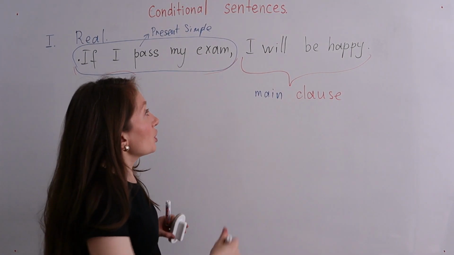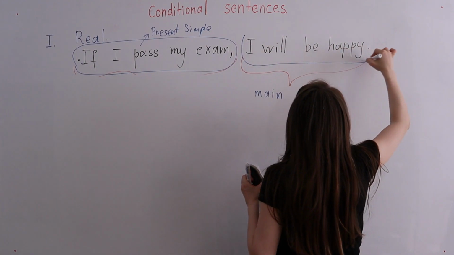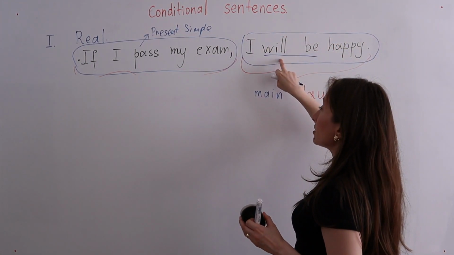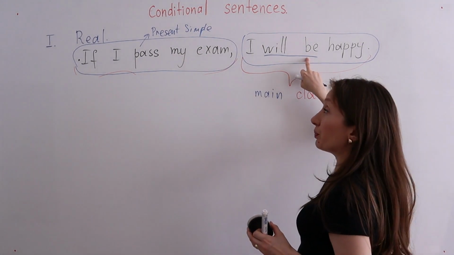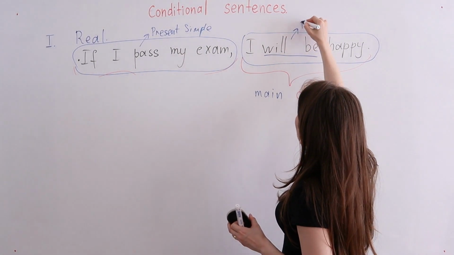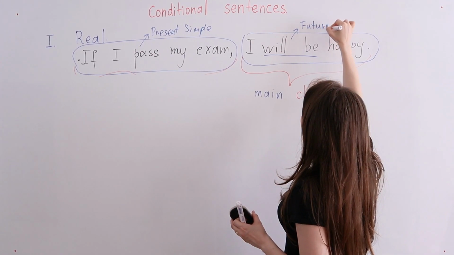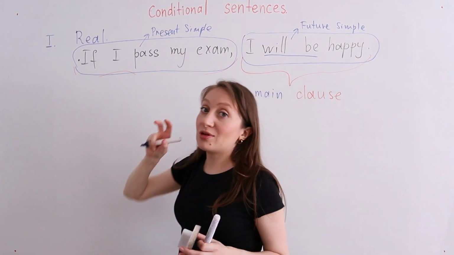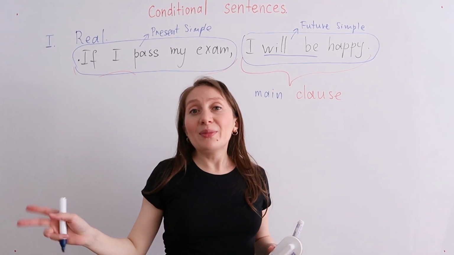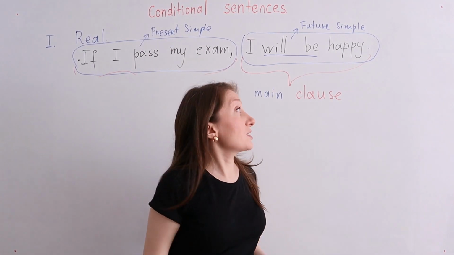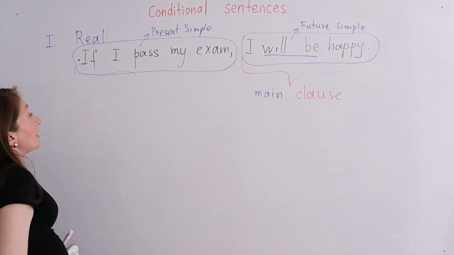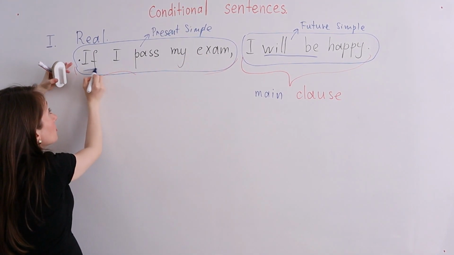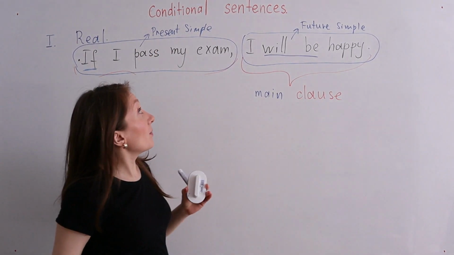Here we use will be. Will is an auxiliary verb, plus the main verb be. It is future simple. Do you remember we learned future simple? You add the auxiliary verb will plus any verb of your choice. Once again, inside the clause with if, you use present simple.